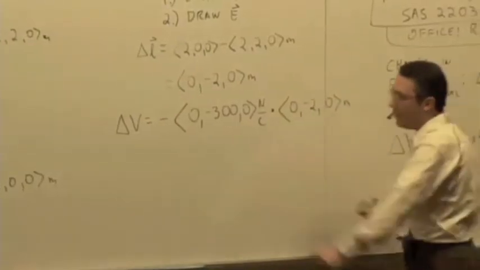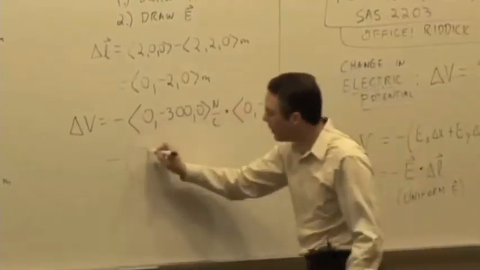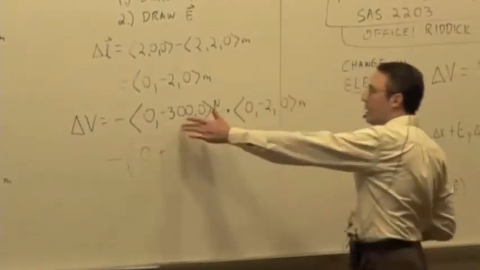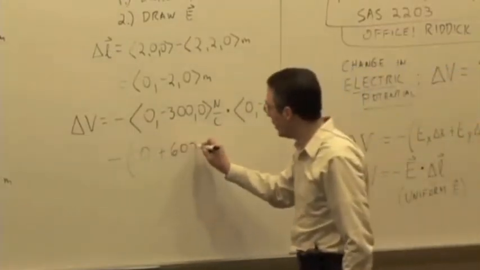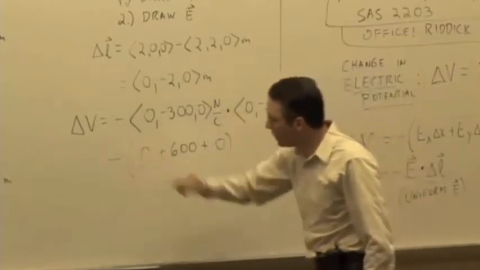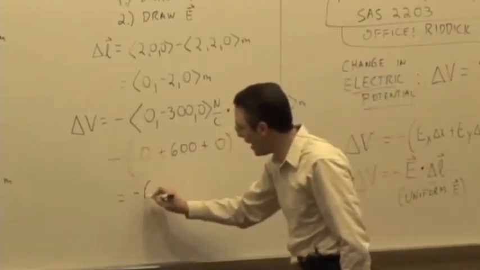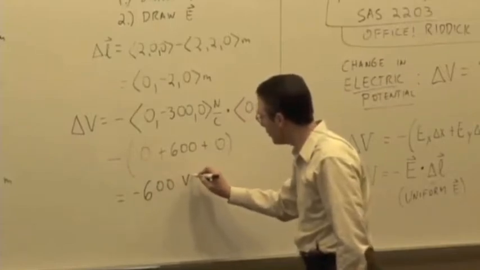And so I have a negative multiplying 0 times 0 gives me 0, plus negative 300 times negative 2 gives me 600 plus 0. But I have this negative sign up front, so this is a negative 600, and the units are volts.